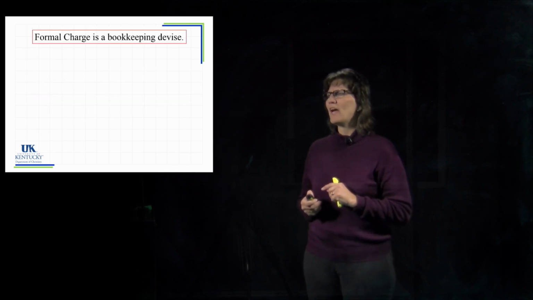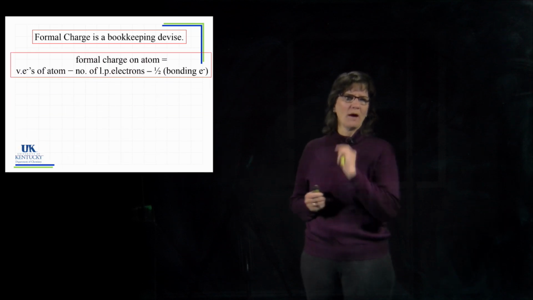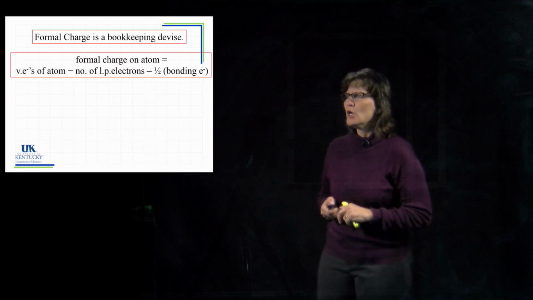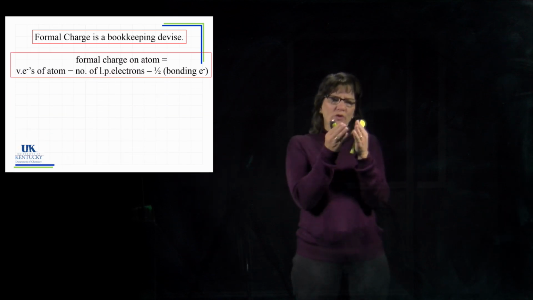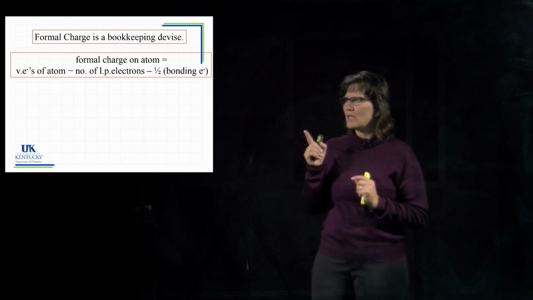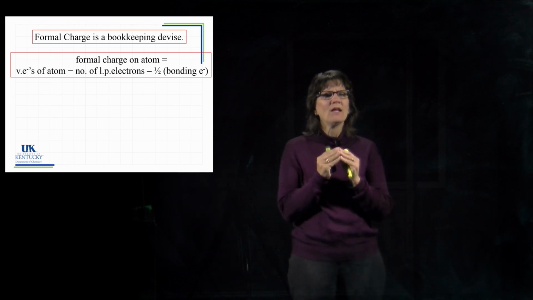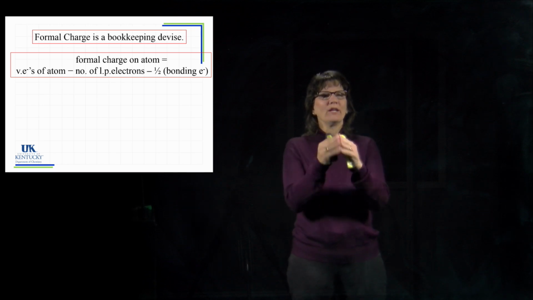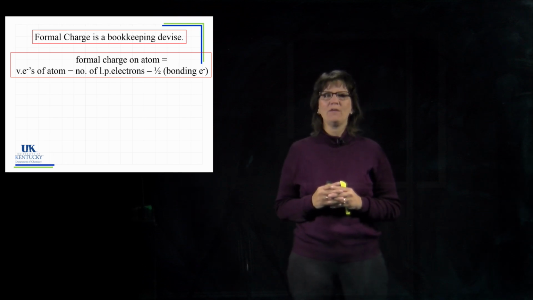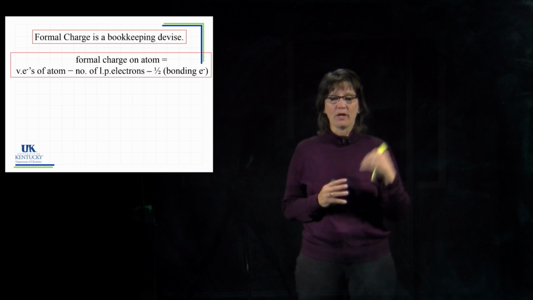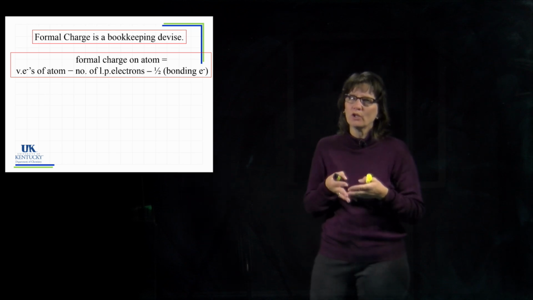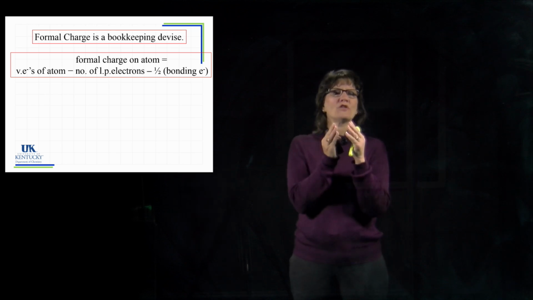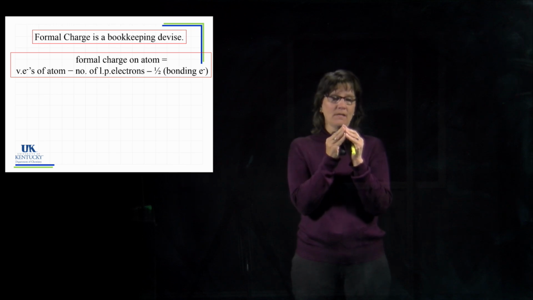All right, so this is how you determine a formal charge. Reminder, it's just a bookkeeping device. We're going to go to the atom in the Lewis structure and see how many valence electrons it brings to the party. How many valence electrons does it have off of the periodic table? And then we look at how many electrons are surrounding that atom.